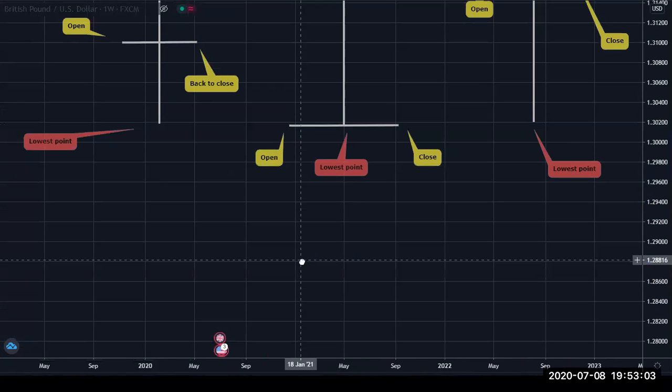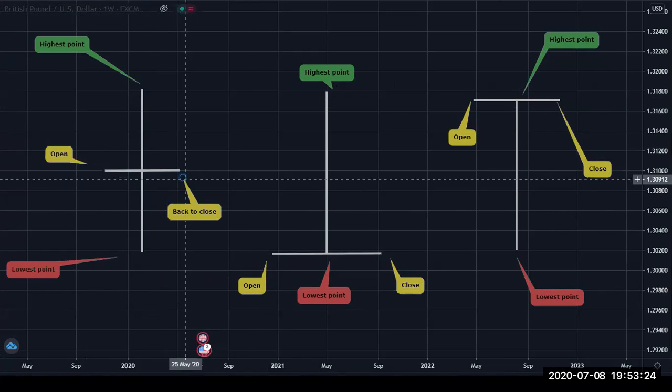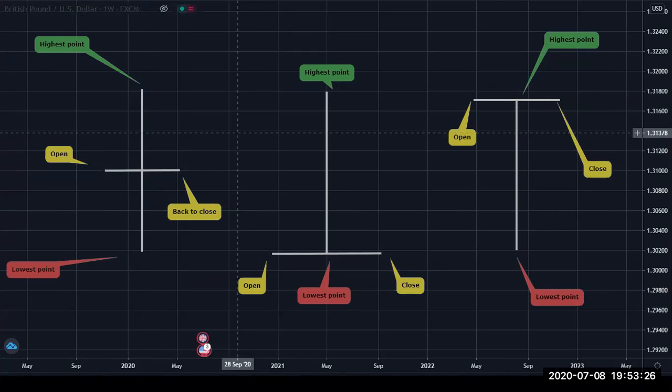Now up here, we're going to go over dojis. Don't get lost. Dojis are pretty much the exact same as candles. You might see this doji over here. Price opened, probably moved all the way up here, then came all the way down here, and then closed right here. These are called indecision candles. This is saying that basically nobody won.